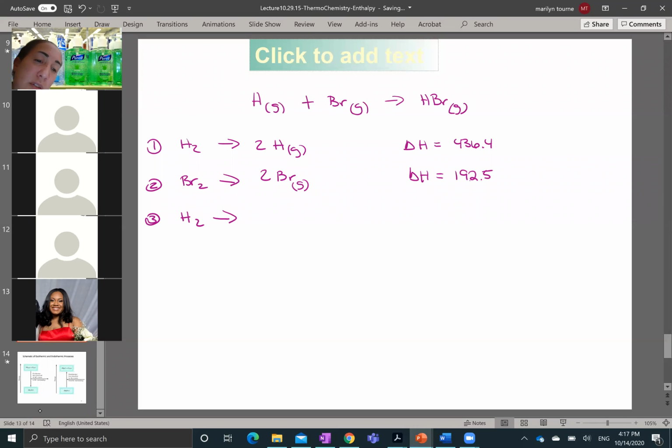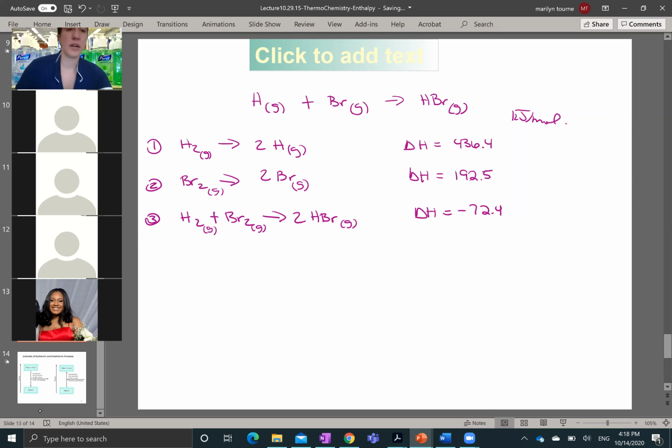Oh, my bad. H2 plus Br2 goes to 2HBr. And the delta H for that is negative 72.4. These are all kilojoules per mole. And now let me put in the rest of the stuff. Gas, gas, gas, gas. All right, couple minutes.